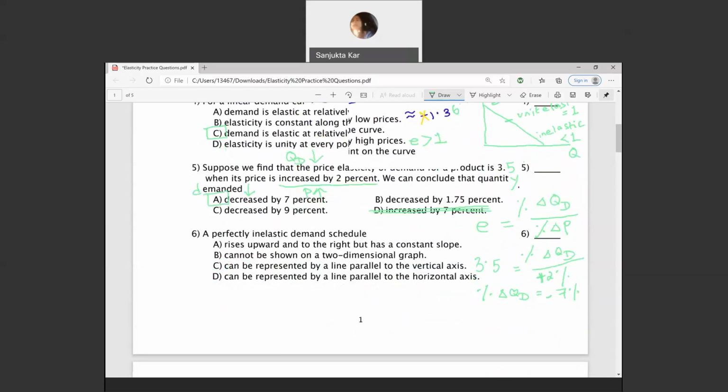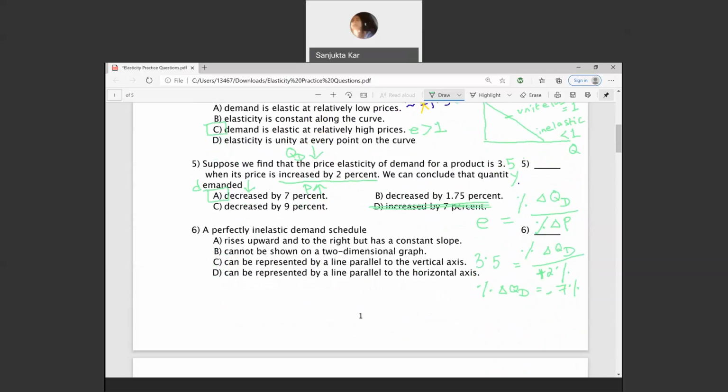Now question number 6. A perfectly inelastic demand schedule can be represented by a line parallel to the vertical axis. Okay, this is the way they worded it, this is tricky.